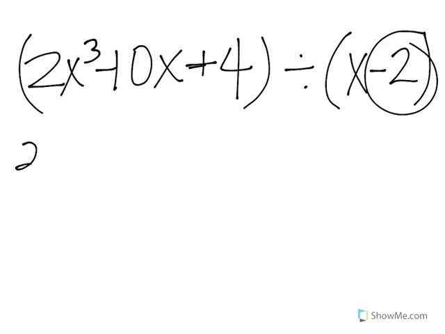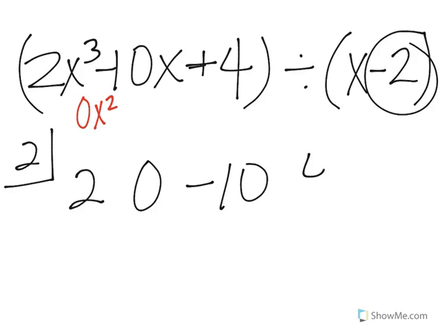I'm going to take that, I'm going to put it as a 2. I have my 2. And so now I have 2x cubed. Now, there should be an x squared there, right? So we're assuming that we have 0x squared. So I'm going to put a 0 here because it's like a placeholder. I want to hold that place. Okay, so now that we've accounted for that, we can put our negative 10, our 4, and do our little thing.